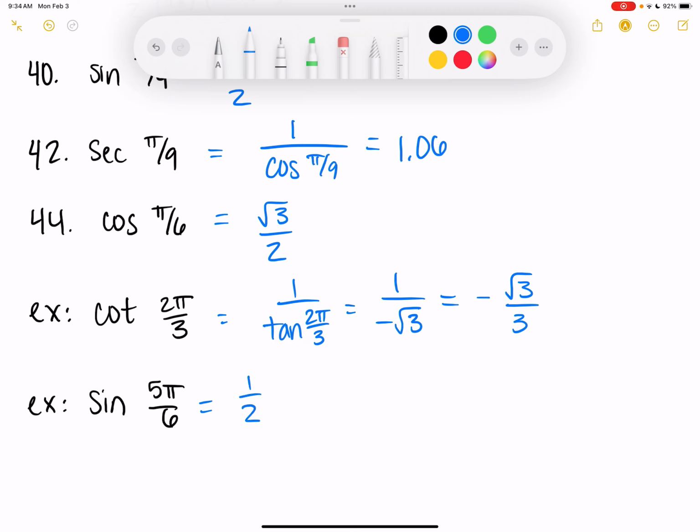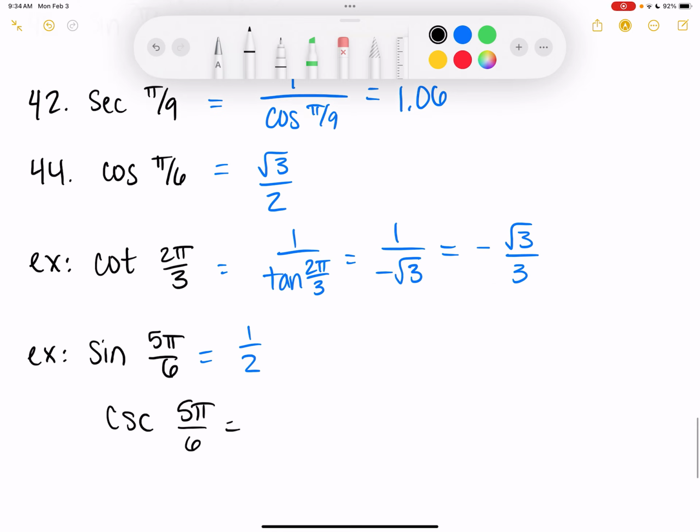Now, if instead I said the cosecant of 5 pi over 6, cosecant is what? 1 over the sine. So 1 over the sine of 5 pi over 6. So that means this bottom is 1/2. So 1 over 1/2, which is 2. And you're going to notice patterns with these. If I did another one that's something over 6, the cosecant's going to be 2. Right?